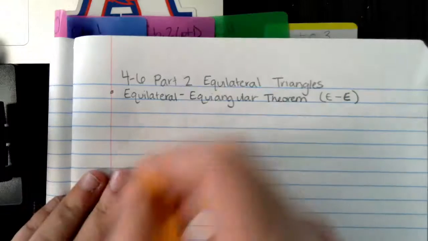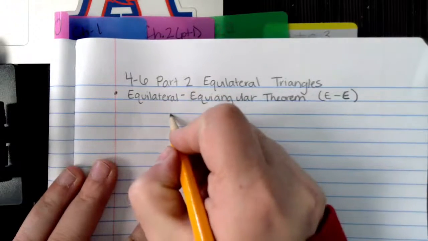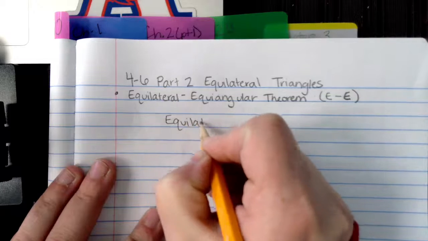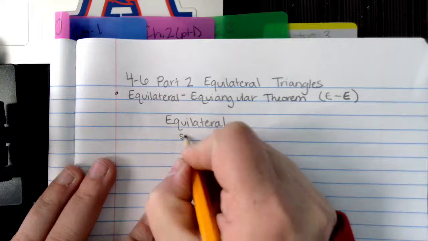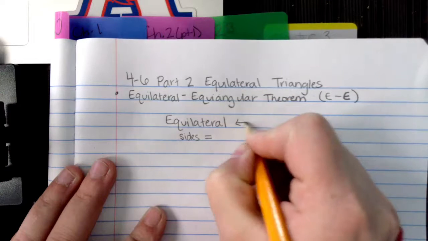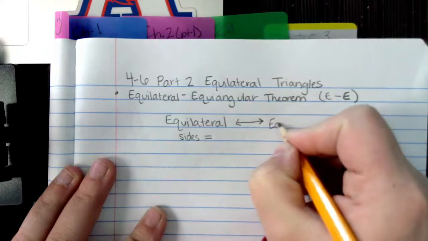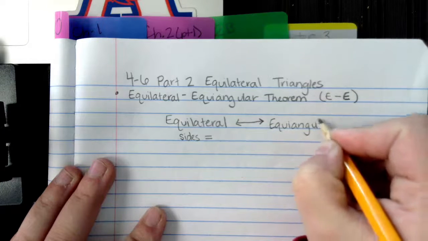Alright, what the equilateral, equiangular theorem tells us is that if it's an equilateral triangle, what does equilateral mean again? Equal all sides. Yep, all the sides are equal. Then it is also equiangular. And what does equiangular tell us?